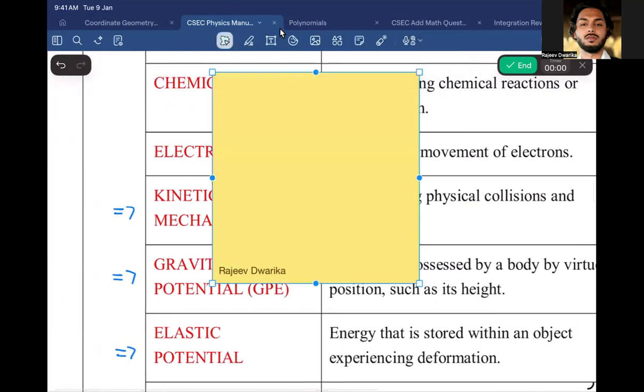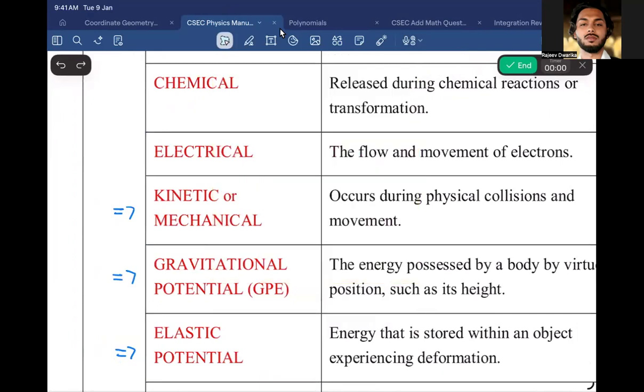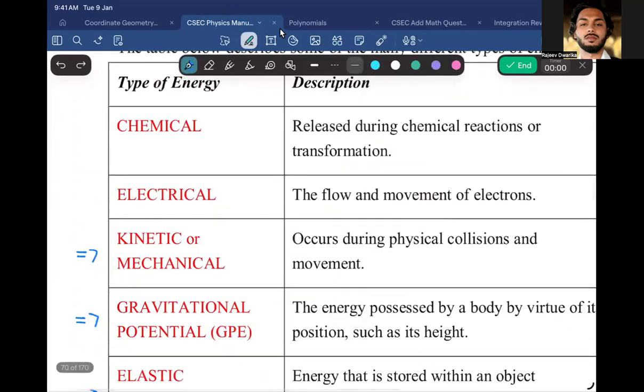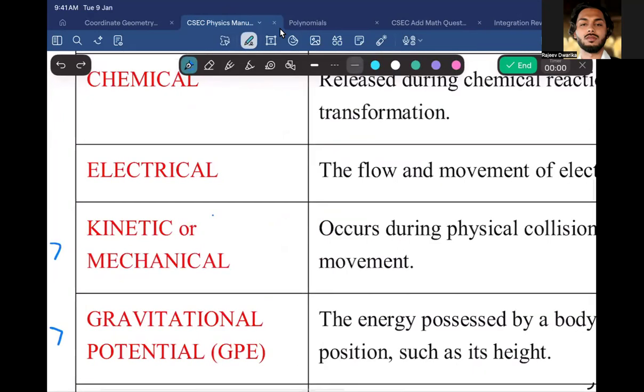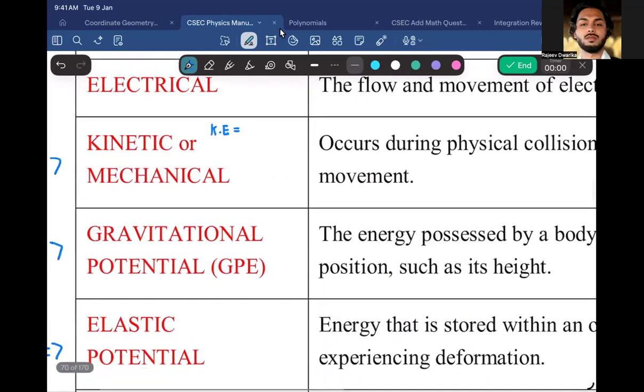Let me just test you. Do you know the formula for kinetic energy? Do you know how you would calculate kinetic energy, Shina? I know potential was mass times gravity times height.